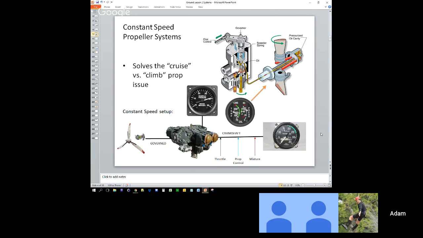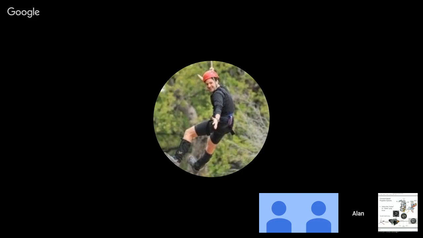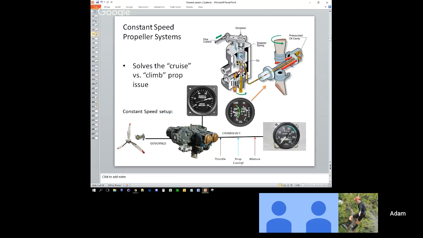Here in the cockpit of a constant speed system, the prop control performs that. Essentially, you push the prop control full forward, and you're going to get maximum RPMs. You pull it all the way back, you're going to get low RPMs.